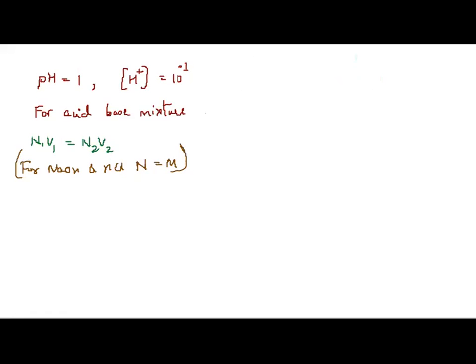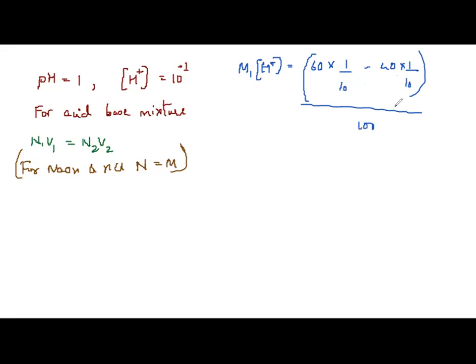Let us take the first option. First option, what does it say? I have to find the H plus ion concentration. Therefore, M1, the H plus ion concentration, is equal to what? They have said 60 ml into M is 1 by 10, minus 40 ml into 1 by 10, correct?